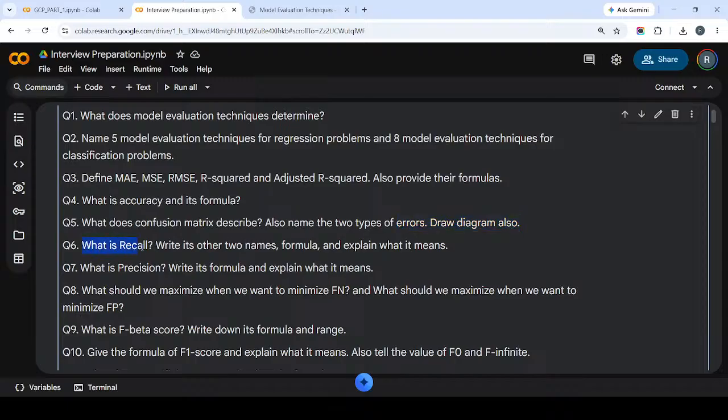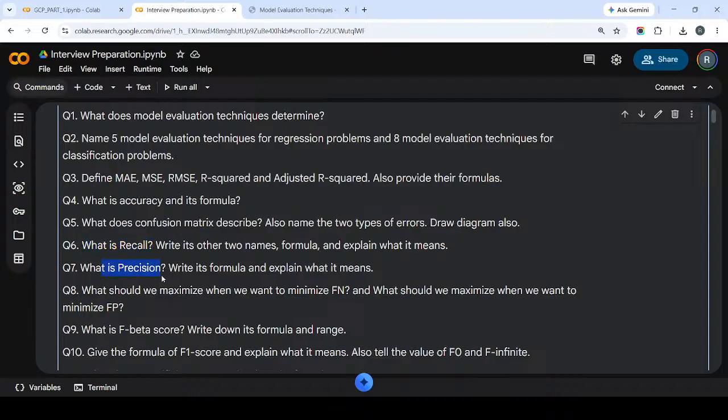Then we discussed recall, whose other names are sensitivity and true positive rate. We can call it sensitivity, recall, or true positive rate.